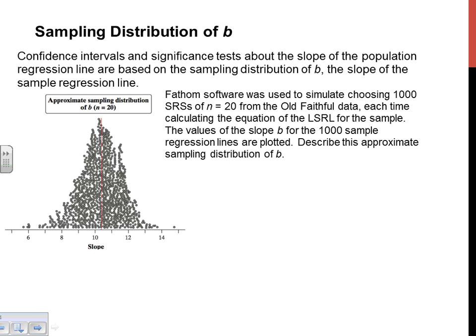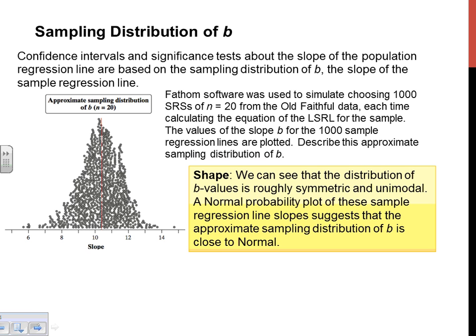Describe this approximate sampling distribution of b. What does this look like? Hopefully you're all thinking normal. It looks pretty normal. It looks pretty symmetrical. So a normal probability plot of this sample regression line slope suggests that the approximate sampling distribution is close to normal.